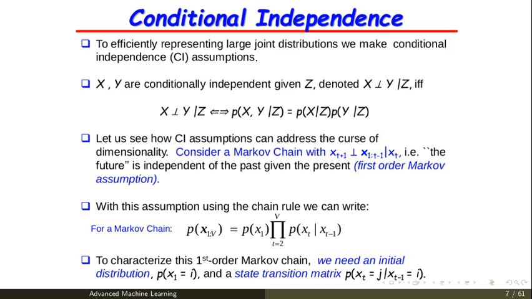In particular, given xt minus 1, xt is independent of all the previous values, that is xt minus 2, etc., down to x1.